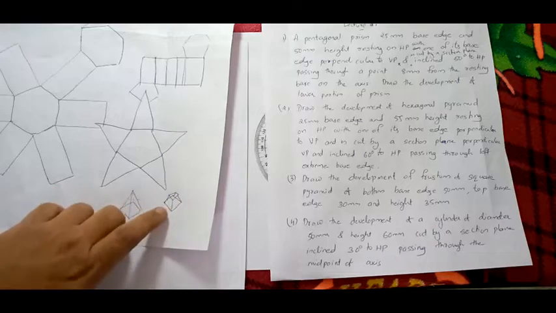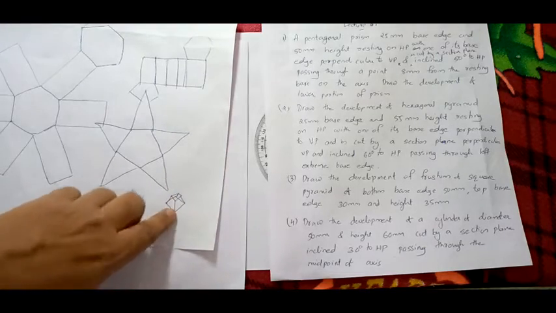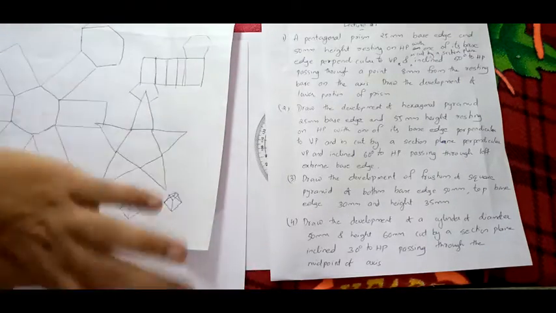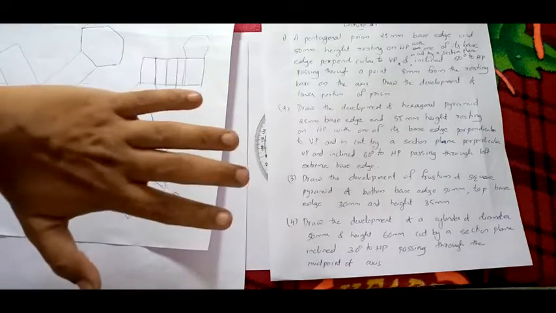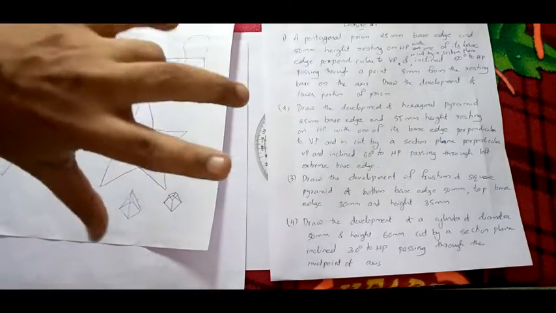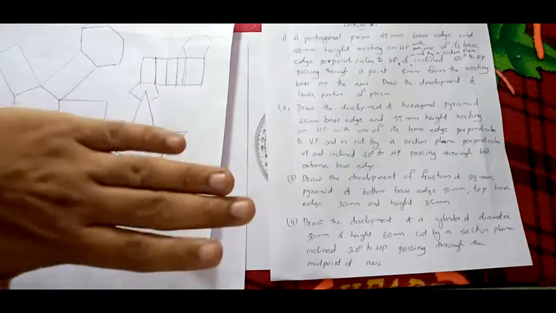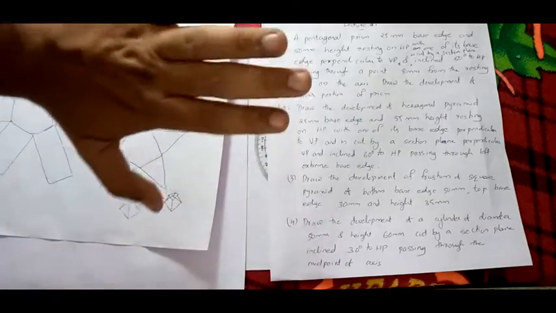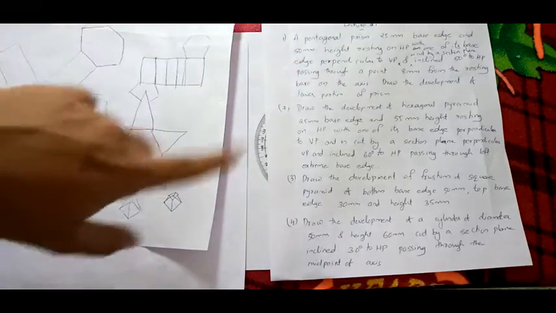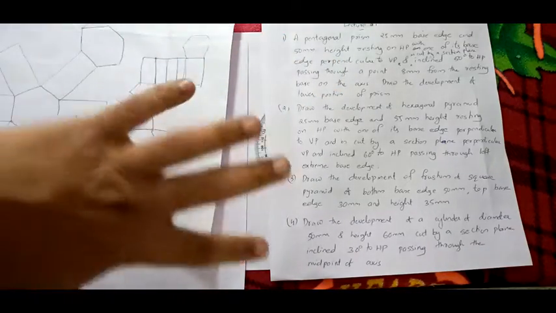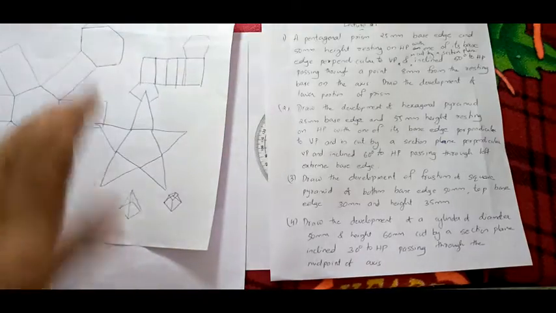A top base will be there, a bottom base will be there. So you have cut a square pyramid. If you cut a cone, you will get a bucket. The bucket we use in the bathroom is a frustum of a cone. Instead of a circle, if it is replaced by two squares, it is a frustum of a square pyramid.